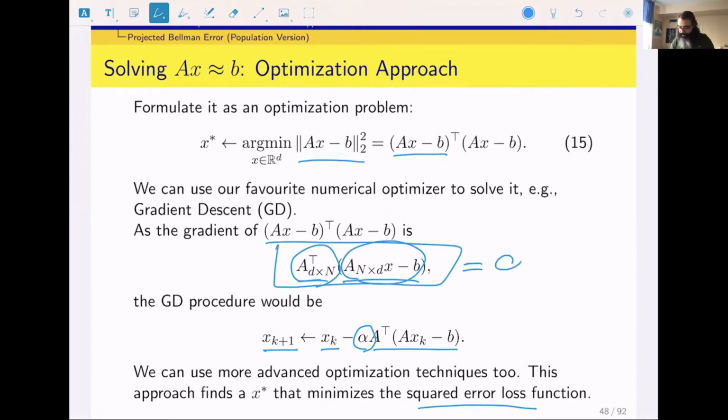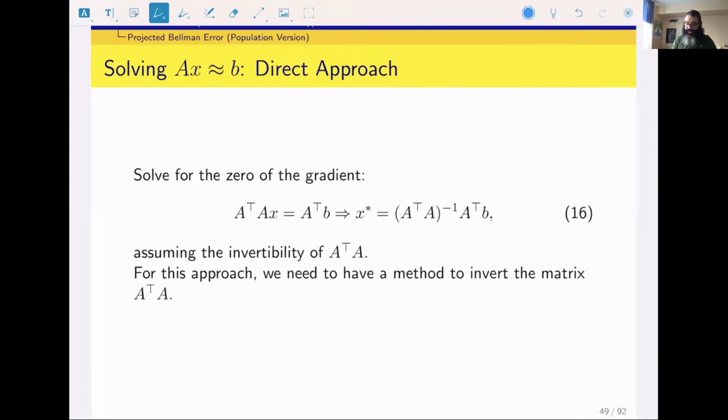So I basically write the requirement of the gradient being 0 in this form: A transpose A x is equal to A transpose b. So I solve for it. The solution x star would be (A transpose A) inverse times A transpose b. Here we assume that A transpose A is an invertible matrix. So if we have a method to invert the matrix A transpose A, we can use it for solving this equation.